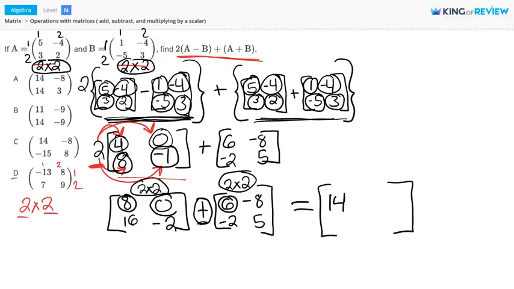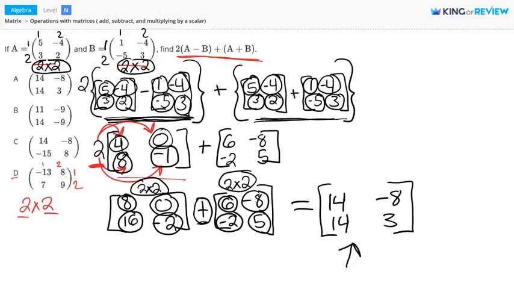Next, we're adding 0 plus a -8. This is -8. 16 plus a -2 is 14. And -2 plus 5 equals 3. So this matrix here is our answer, and this is letter A.